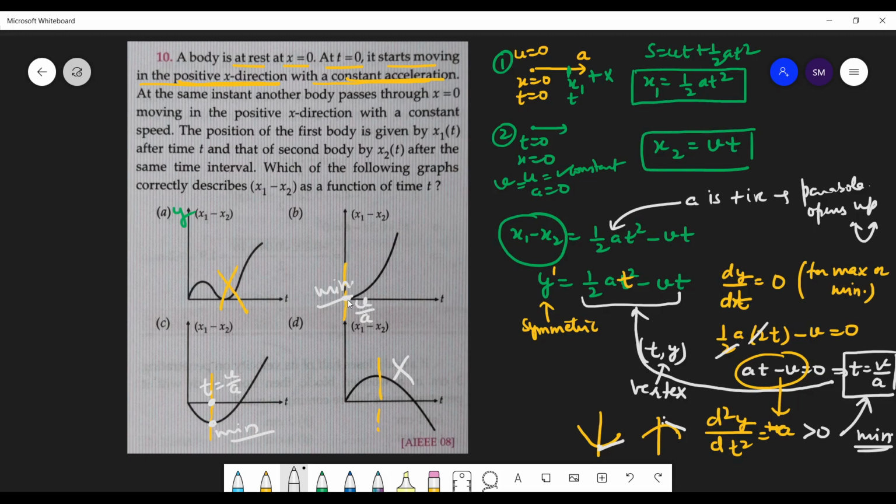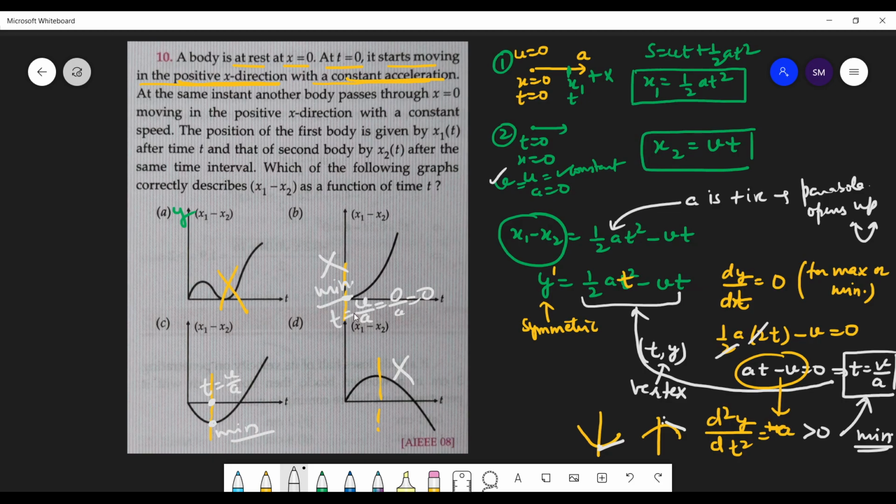This can only be v by a when v is equal to 0, right? But v is not equal to 0 in this question. v is the constant. So that is why this is not possible. Okay, sir. Yes. Got the answer, students? Yes, sir.